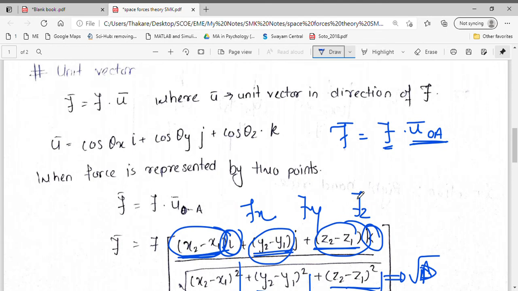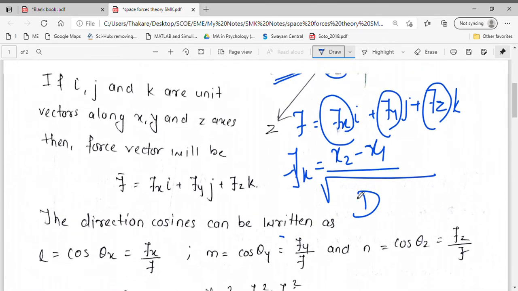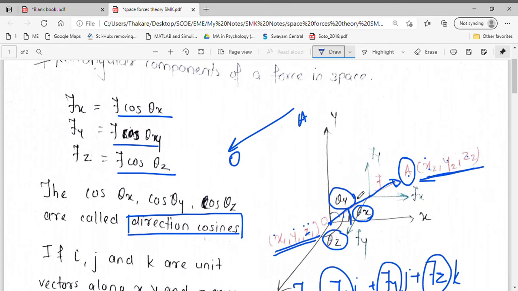That is how you write a force in its vector form. To write a force in its vector form, you take magnitude into unit vector. Unit vector along x we call i, along y we call j, and along z we call k, and we do x2 minus x1. If force is going from 1 to 2, we subtract 2 coordinates minus 1 coordinates.